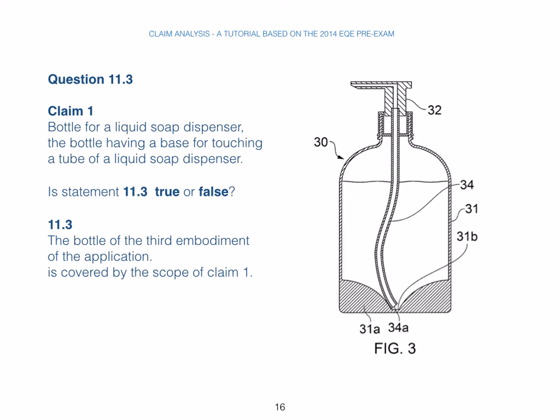Question 11.3 is also relatively clear because we have also a bottle for a liquid soap dispenser. The bottle has a base, in this case it's 31A. The base touches a tube 34 of a liquid soap dispenser which is fitted on the bottle. True or false, and we'll go to the next question.